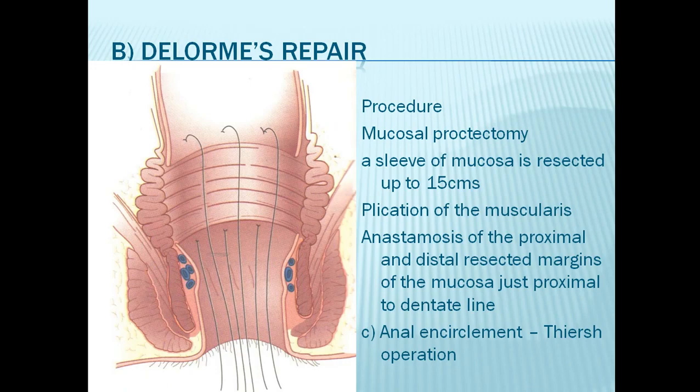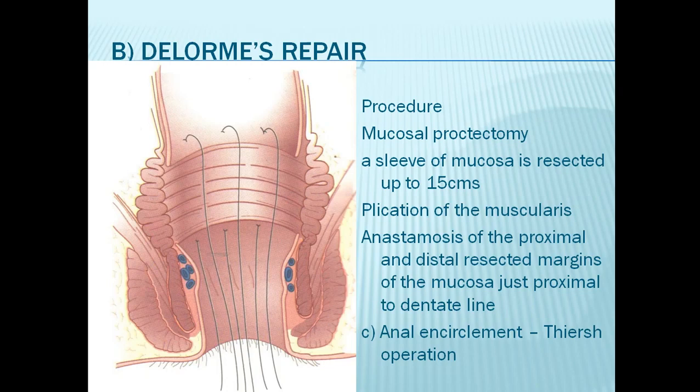Then you leave behind a circular piece of mucosa at the verge and you plicate the muscularis. As you can see from this picture, you plicate the muscularis so that it is approximated. So the anastomosis of the proximal and distal resected margins of the mucosa is done just proximal to the dentate line. So it is being approximated.